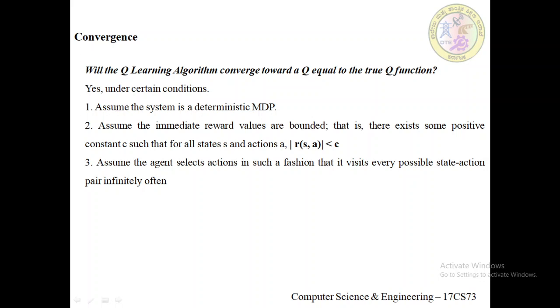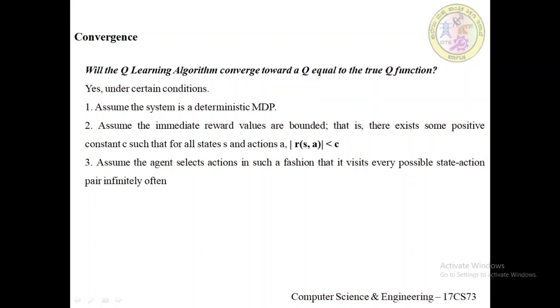The third is that we assume that the agent selects actions in such a fashion that it visits every possible state action pair infinitely often.